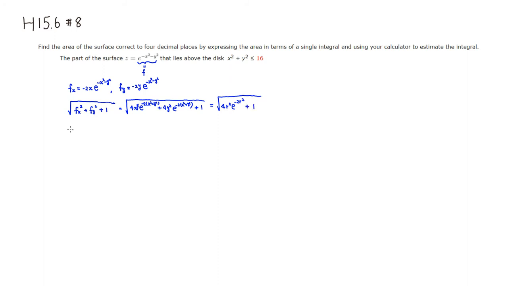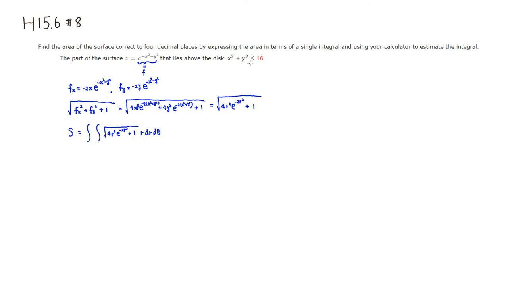So if you want to find the surface area, we can set up a double integral. The integrand would be just the square root of 4r squared e to the negative 2r squared plus 1, and then the area element is r dr d theta, right?